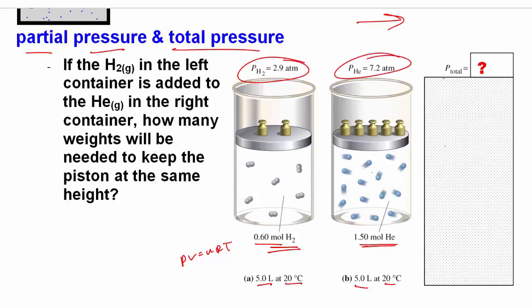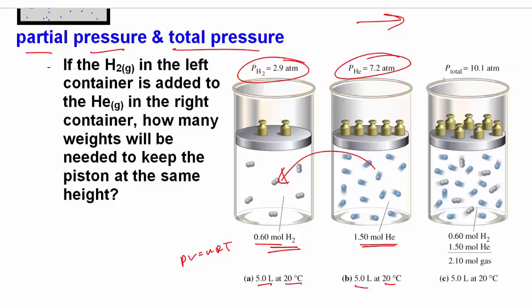Okay, what if we combine these two? We put all that helium gas into the hydrogen container. So then, what would be the new total pressure? It's just going to be the sum. The total pressure now is just 2.9 plus 7.2, 10.1 atmospheres.